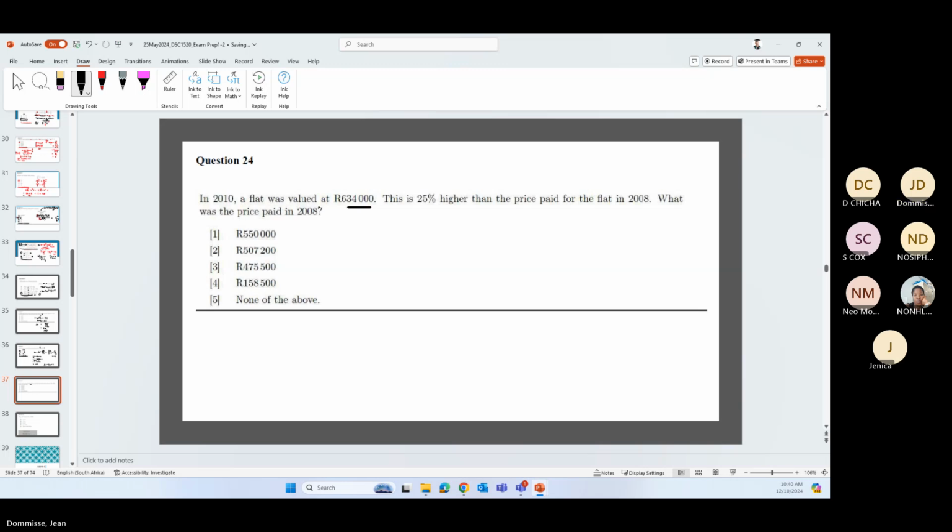Okay, so normally one works this out, if this does come up, by working out the price difference: my end price minus the beginning, divided by the beginning, that is your 25% increase.